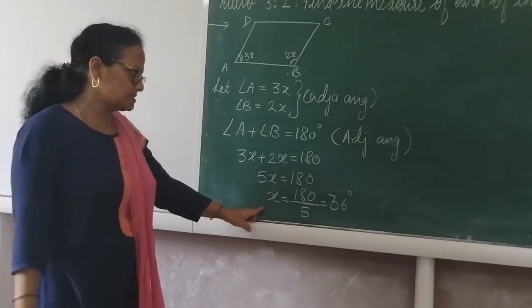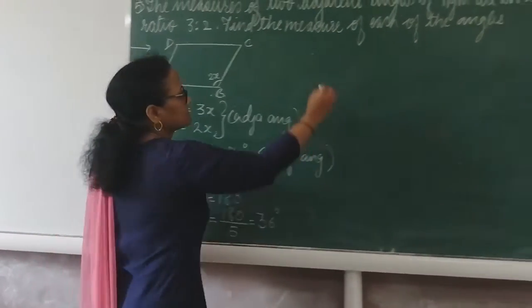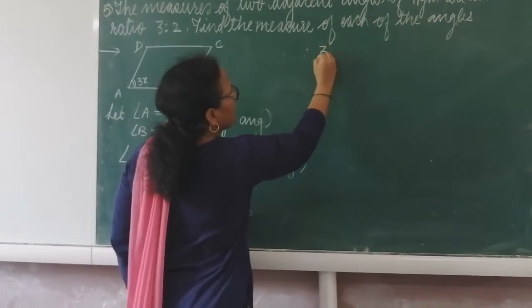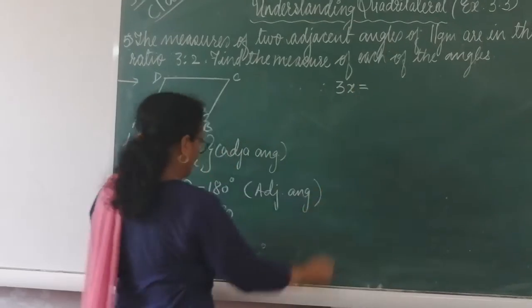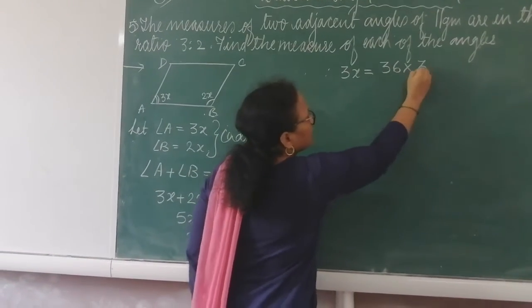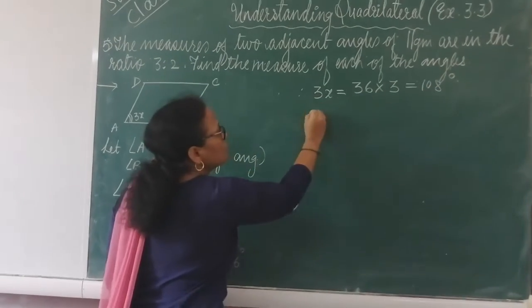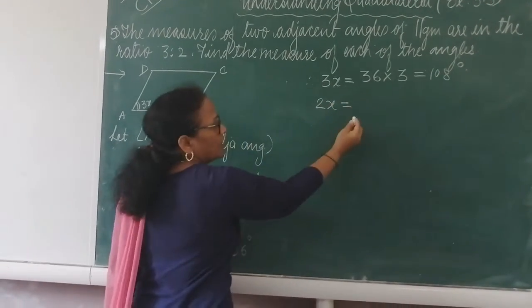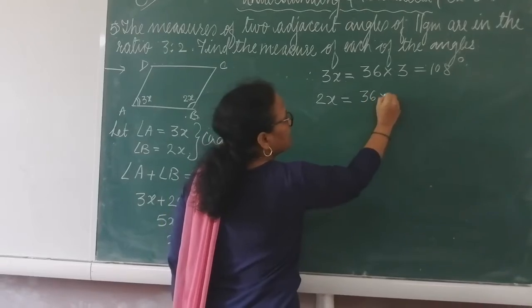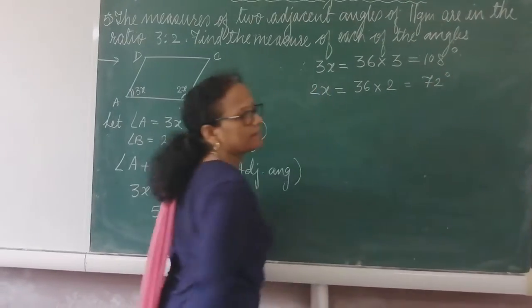Now here we got x is equal to 36 degrees. Now 3x is equal to 36 multiplied by 3, which is 108 degrees, and 2x is equal to 36 multiplied by 2, which is 72 degrees.